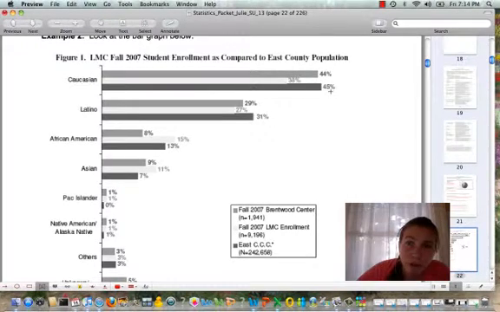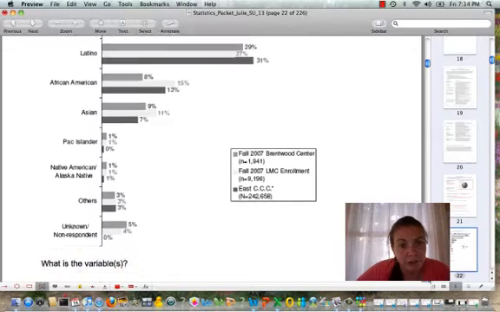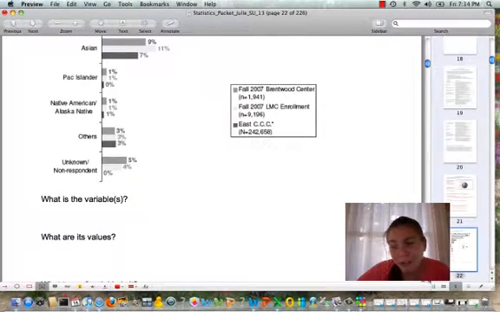So you can see if you look, the Brentwood Center is pretty close to the percent of Caucasian in the East County, and the LMC campus overall, or the total LMC enrollments, has a lower percentage of Caucasian than East Contra Costa County. And so you can go down the list and look at each ethnicity and the differences between the 3 different locations. So here it's asking us, what's the variable?